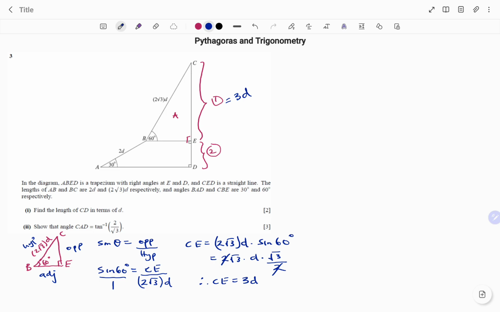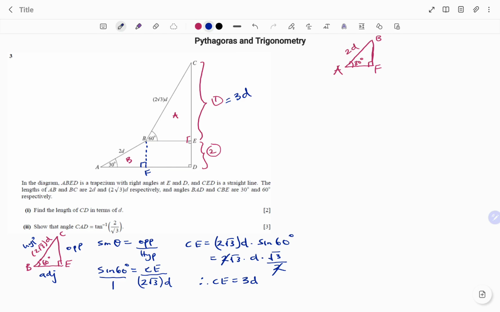In order to find ED, I'm going to break down the shape to form another 90 degrees here. Let me call this point F, such that if I draw out the right angle triangle I have there, this is 90 degrees, this is A. I'm trying to draw out triangle B. This is F, and this is B. This is angle 30 degrees, and AB is 2D.